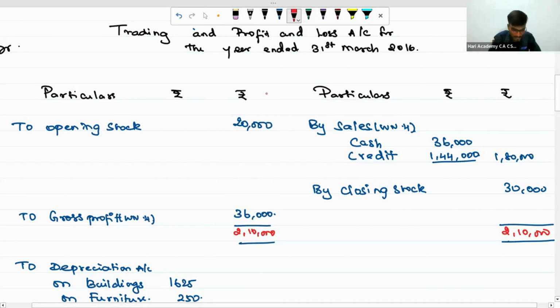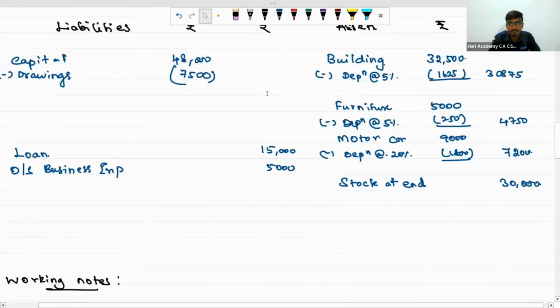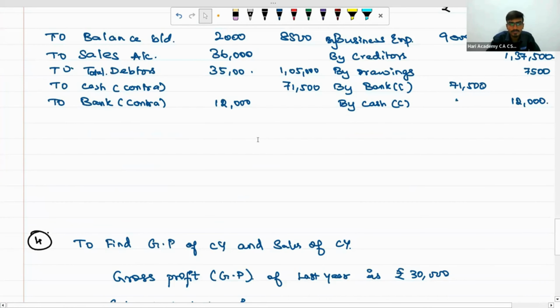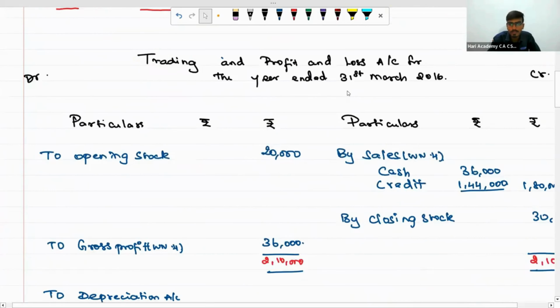Here, you need to remember one more thing regarding cost of goods sold. There are two alternative approaches which we will do.